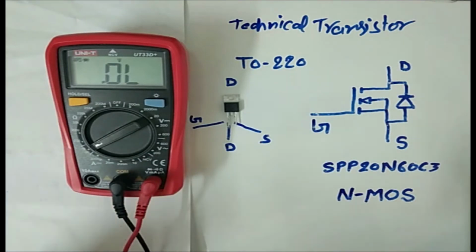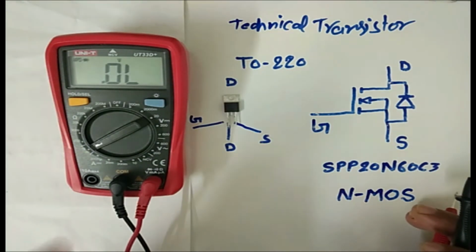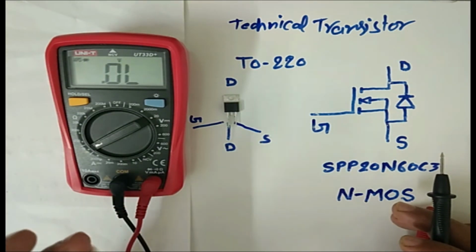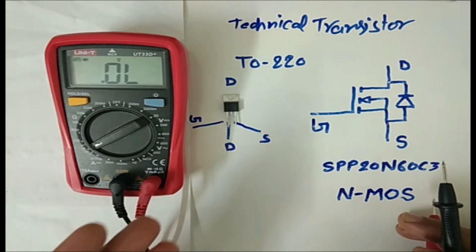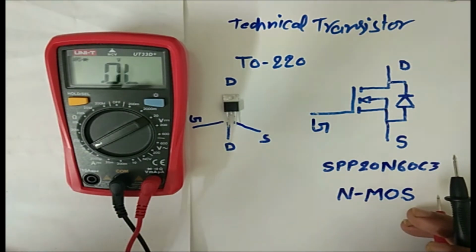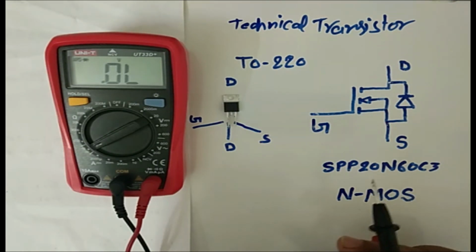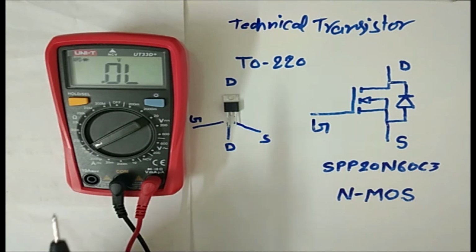Okay, so this is the property of the MOSFET, and many people get confused by this property because they think the MOSFET turns on without applying gate voltage. This is not difficult, it is just confusion. Some people are not fully aware of MOSFET working and MOSFET testing, how a MOSFET works, so they get confused.